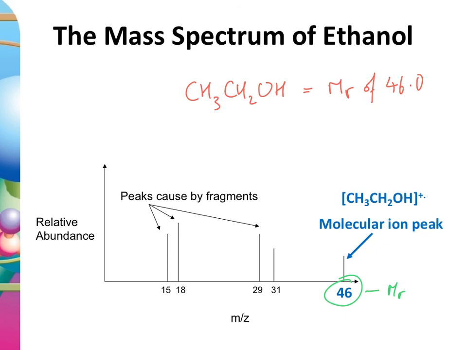We have some other peaks present, and it's this word here, fragments. What happens to an organic molecule in a mass spectrometer is it can be broken up. Think of something made out of Lego that you've snapped in a couple of places; they would be the fragments. 15 would be the CH3 if it broke between the CH3 and the rest of the molecule. 29 would be CH3CH2.